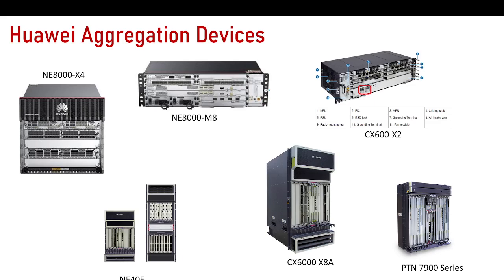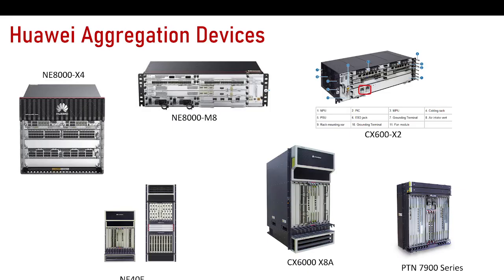When we talk of the aggregation, Huawei also has many different devices. We have the Net Engine, for example, the Net Engine 8000X4. We could have Net Engine 8000M8. We have CX600. We have PTNs.